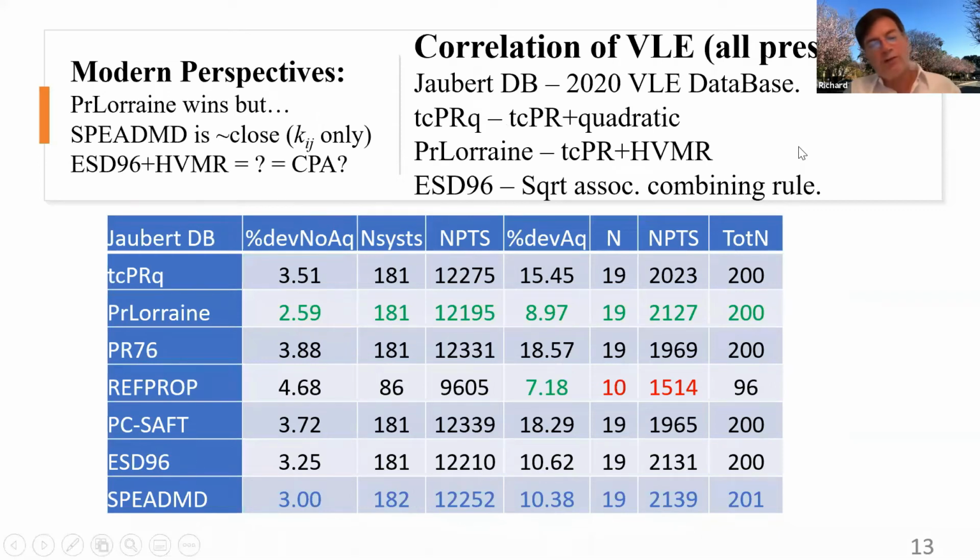So let's get to phase equilibria. This is one that is really important in the chemical industry. Here we've used it. I'm going to talk about two databases. One is a recently published 2020 vapor liquid equilibrium database.